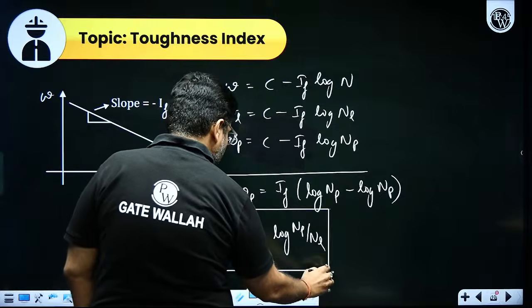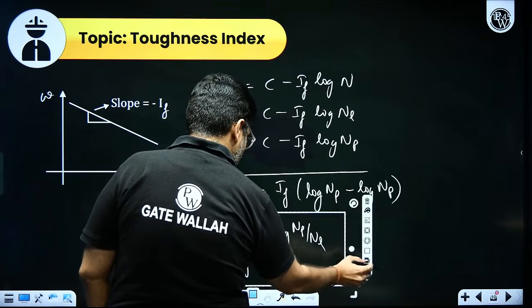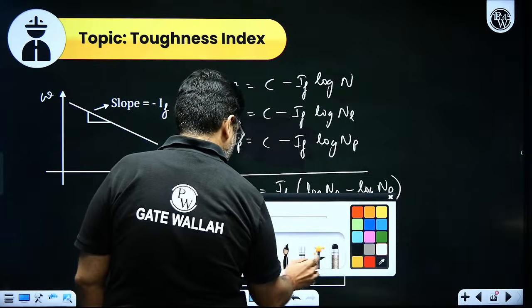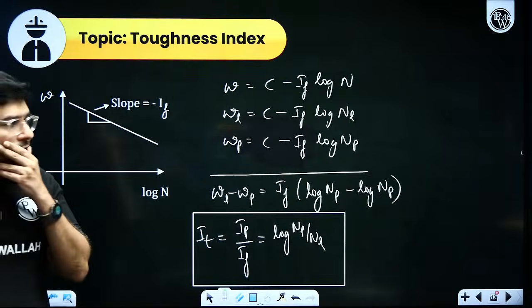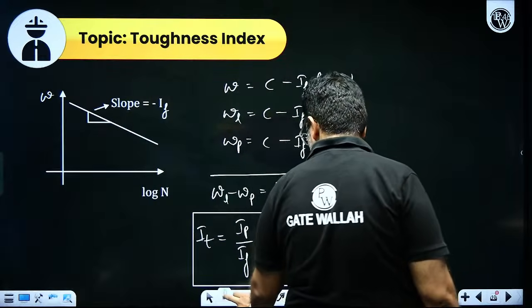Now, for all the soils, my NL is the same, NL is constant.